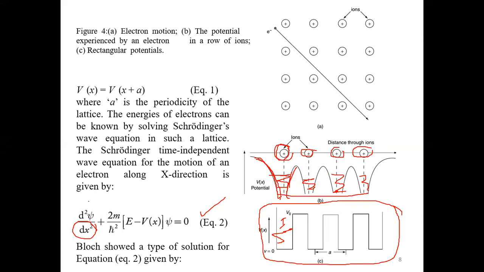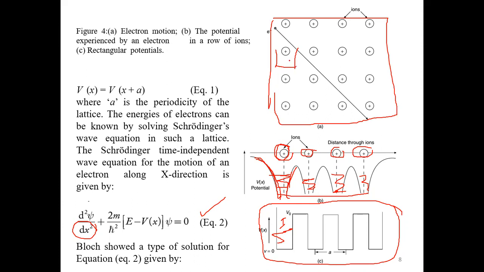So you see the electric potential. This is the periodic arrangement of atoms in a solid. So the ion core is there, and the electron is there. According to the classical free electron theory, electrons can move anywhere in the piece of the material. However, in the quantum free electron theory, it is free surrounding the ion core.